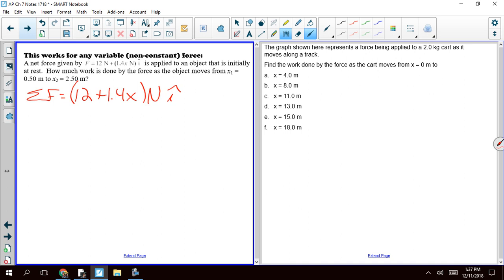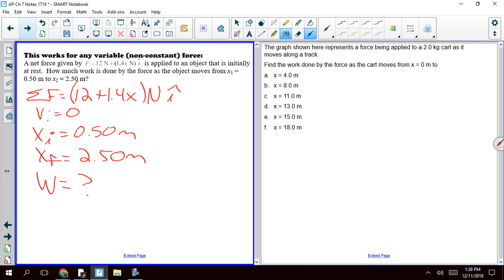It's applied to an object that is initially at rest. How much work is done by the force as the object moves from an initial position of 0.50 meters to a final position of 2.50 meters? We're trying to find out how much work is done by that net force, so we're looking for net work.